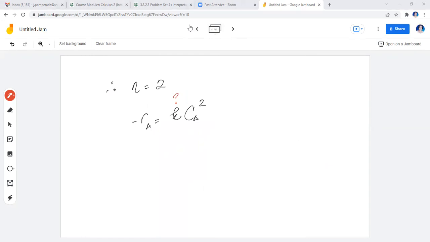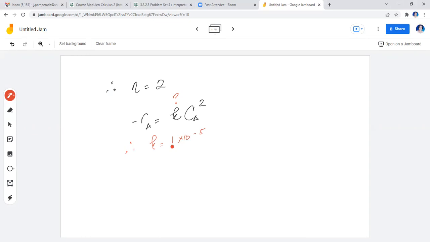Okay. So, Fritz is awake this time. So, he's not sleeping or he's not eating his lunch. Okay, so K is 1 times 10 raised to negative 5. Very good.